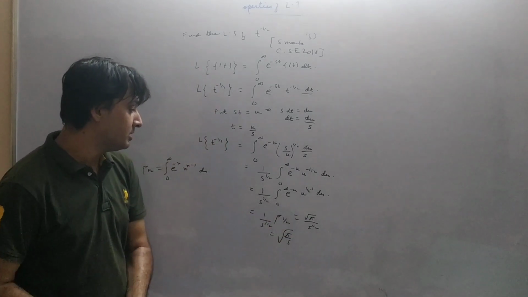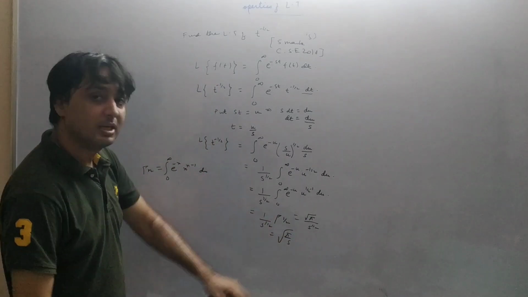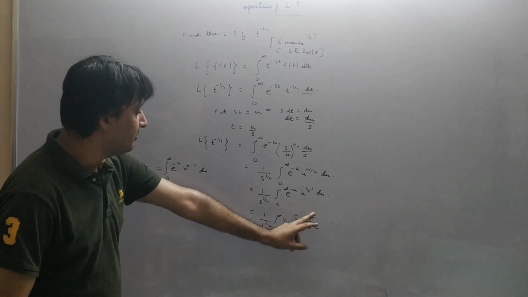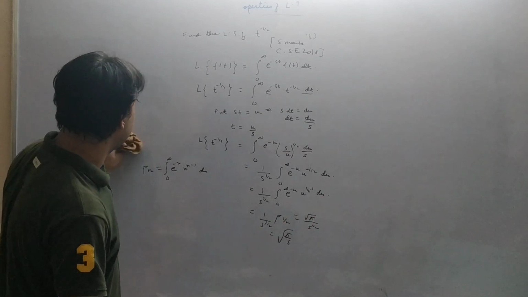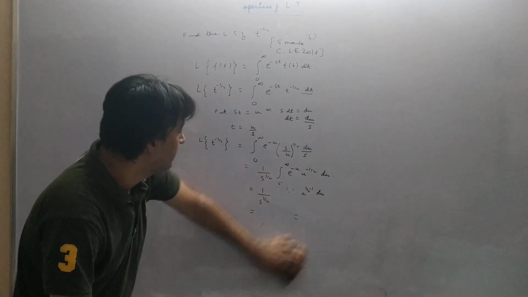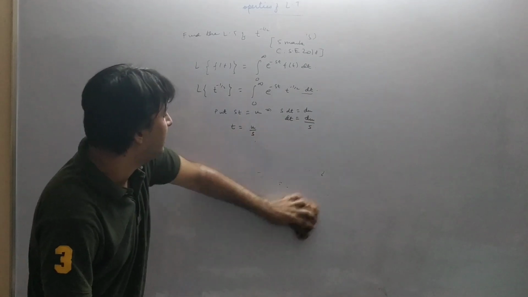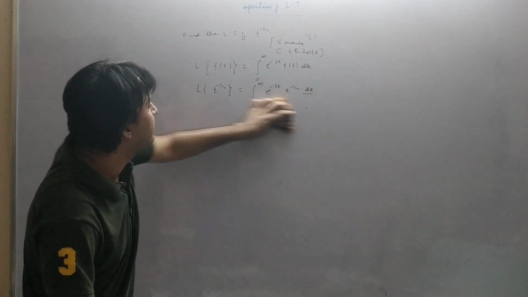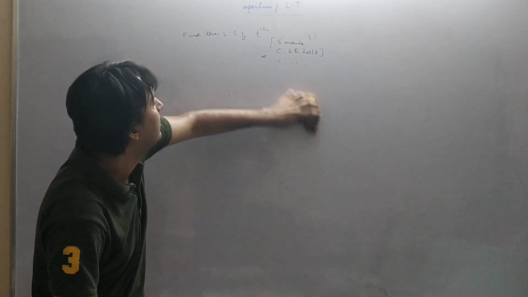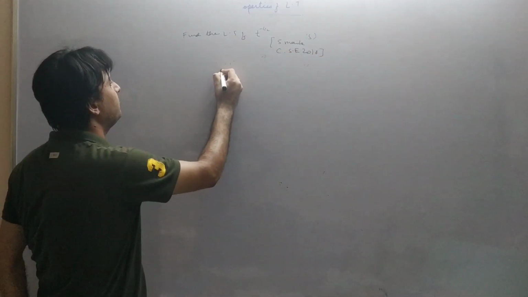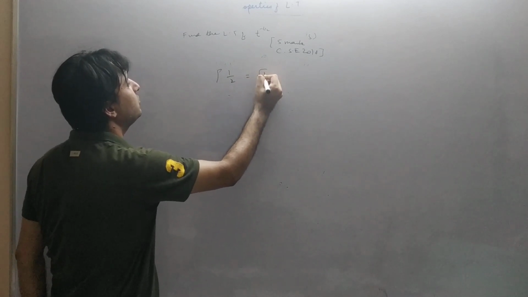But if you do not know that gamma half is root pi, I will just illustrate it in just 1 minute. Our claim is gamma half is equal to under root pi. We have to prove gamma of half is equal to under root of pi.